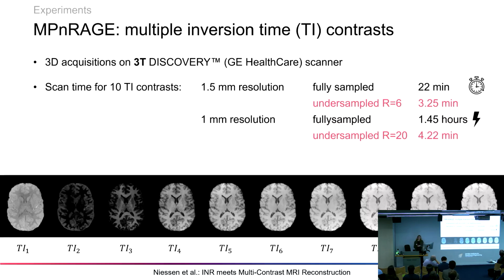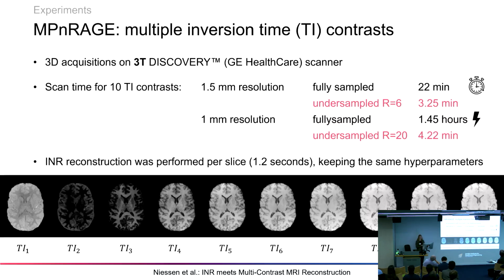We also acquired undersampled, accelerated data in 3 minutes 25, which corresponds to an acceleration factor of 6. At a 1 millimeter resolution, a fully sampled scan would, in theory, take 1 hour 45 minutes. But don't worry, we did not scan this in a volunteer because that would be far too long. Instead, we acquired a protocol in 4 minutes 22, which corresponds to an undersampling of R=20.